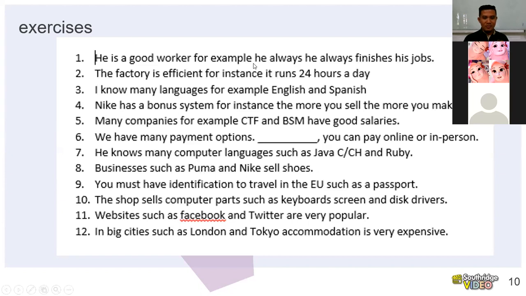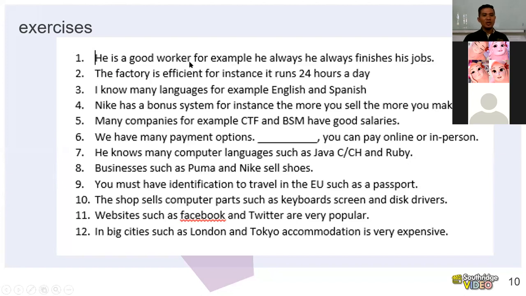Monica, please. He is a good worker. Full stop. For example, comma. He always finished his job, sir. Okay, very good. That's correct. Monica is correct.